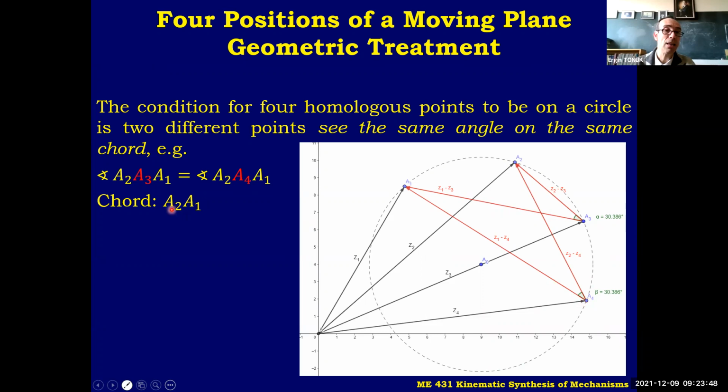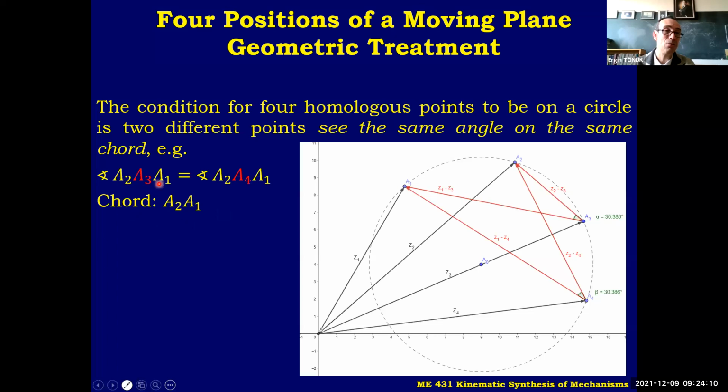So for my case, the chord is A2, A1, or you could select it as A1, A2, but what is important is the direction of the angle, how you measure it, okay? That's also important. So unlike ordinary trigonometry, angles have senses as well.